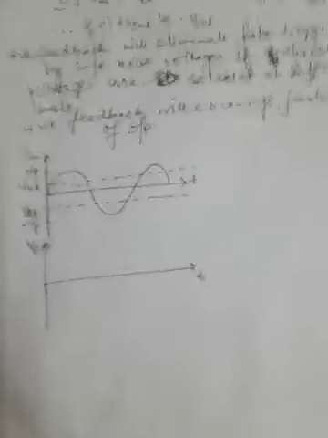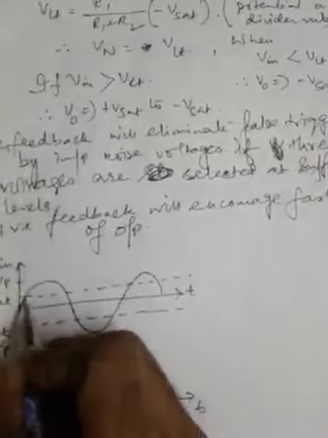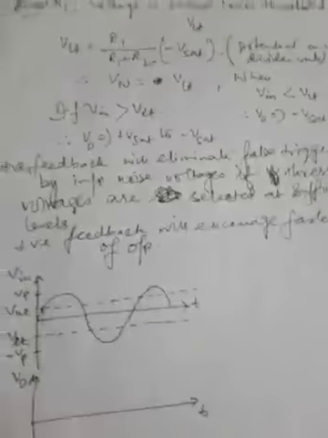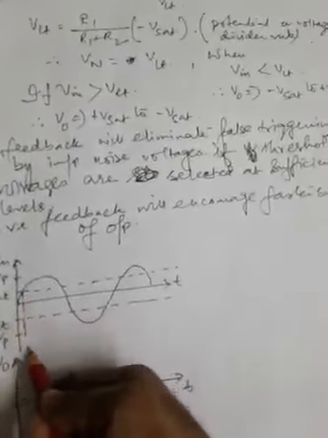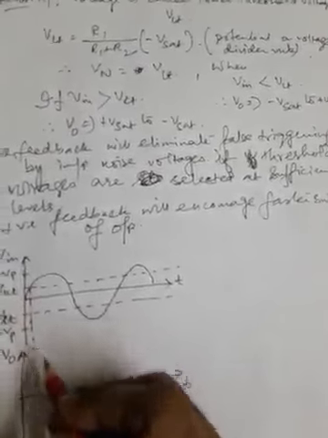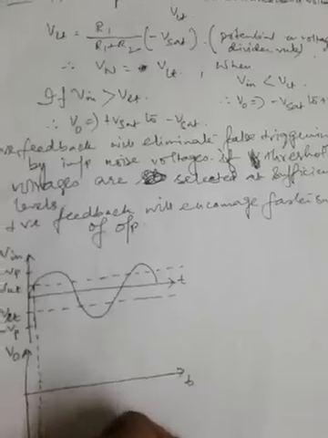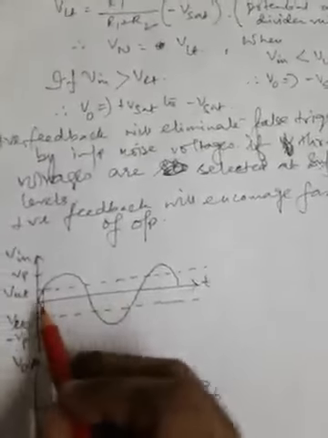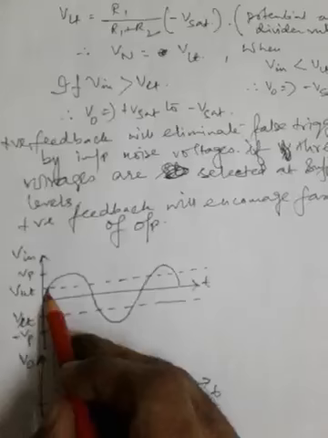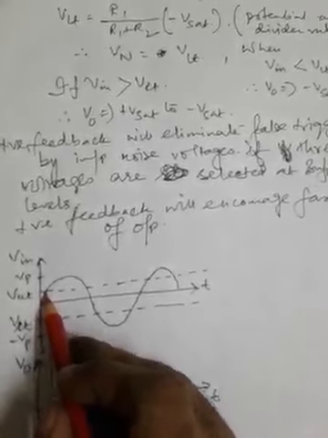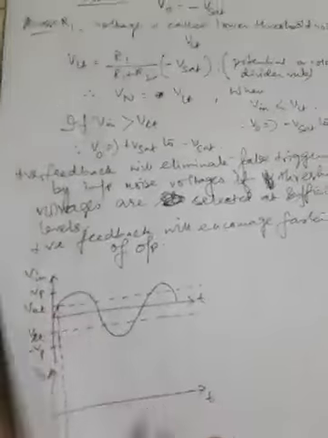Now let us consider this transition. First we need to consider the states when this input voltage Vin is less than VUT, that means less than the upper threshold voltage.